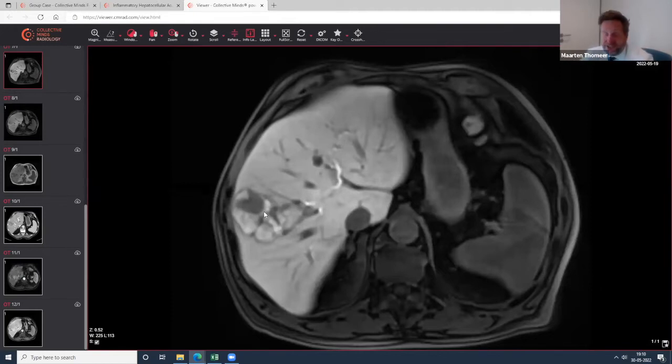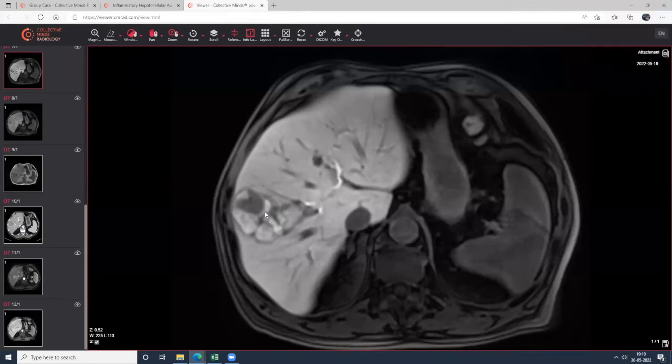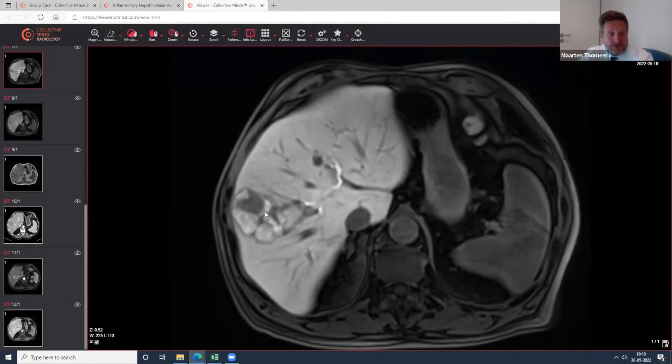Then the only differential diagnosis is inflammatory adenoma with possibly exon mutation, so beta-catenin inflammatory adenoma, or a beta-catenin adenoma without inflammatory component, or HCC. These are really the only possibilities. But by the fact that this is an old man, my diagnosis would be an HCC, without any doubt.